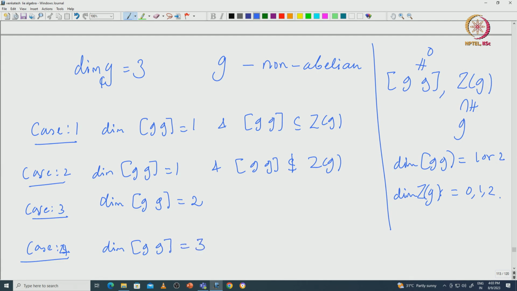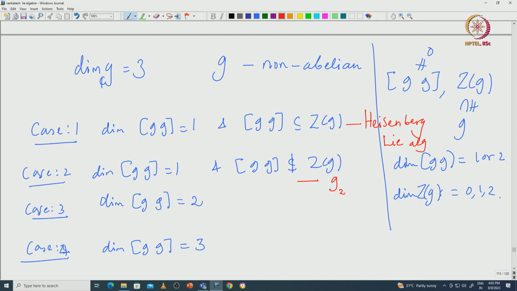Okay. So, I will tell you what are all the things that we are going to get. In case 1, we get this Heisenberg. Okay. So, in some sense these assumptions will characterize the Heisenberg Lie algebra. In case 2, we get the direct sum of a 2-dimensional non-abelian and a 1-dimensional abelian Lie algebra.